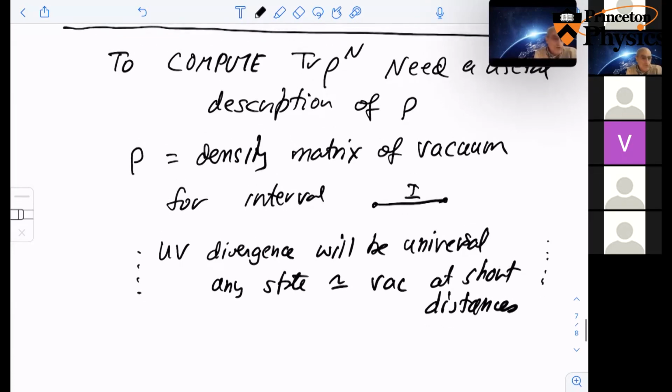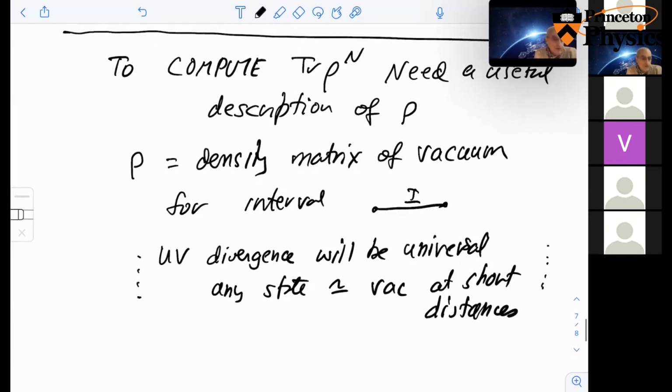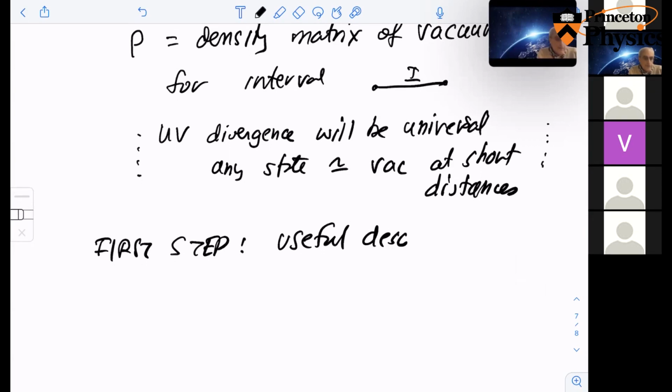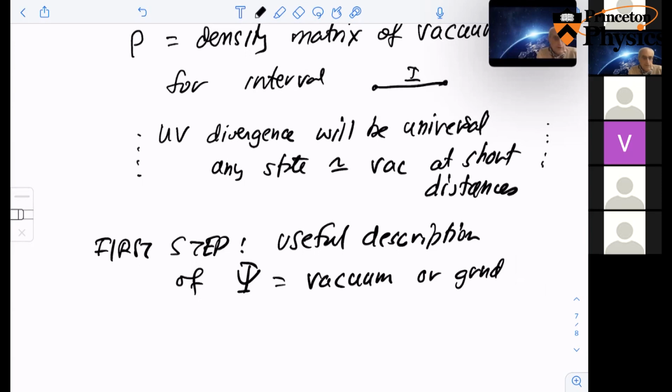But since we're going to compute for the density matrix of the vacuum, we need a useful description of the density matrix of the vacuum. So the first step, we need a useful way to describe the vacuum, or ground state.